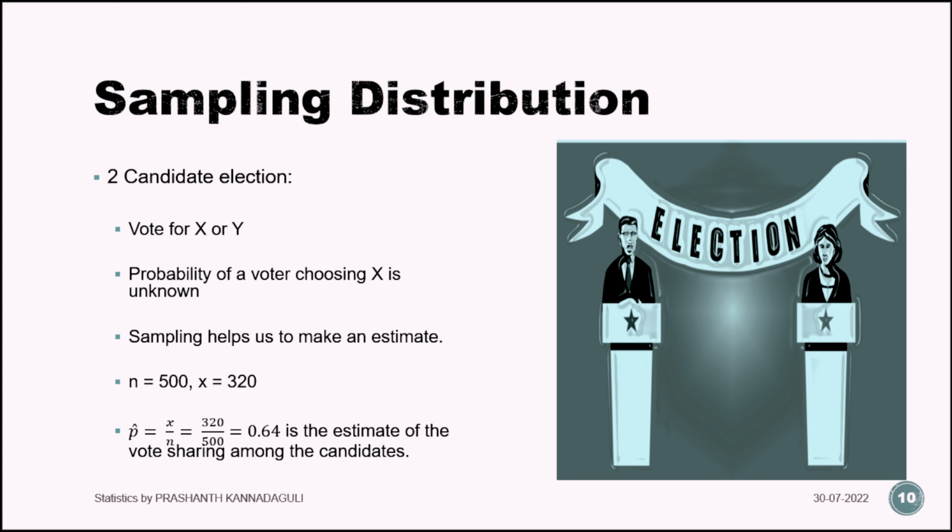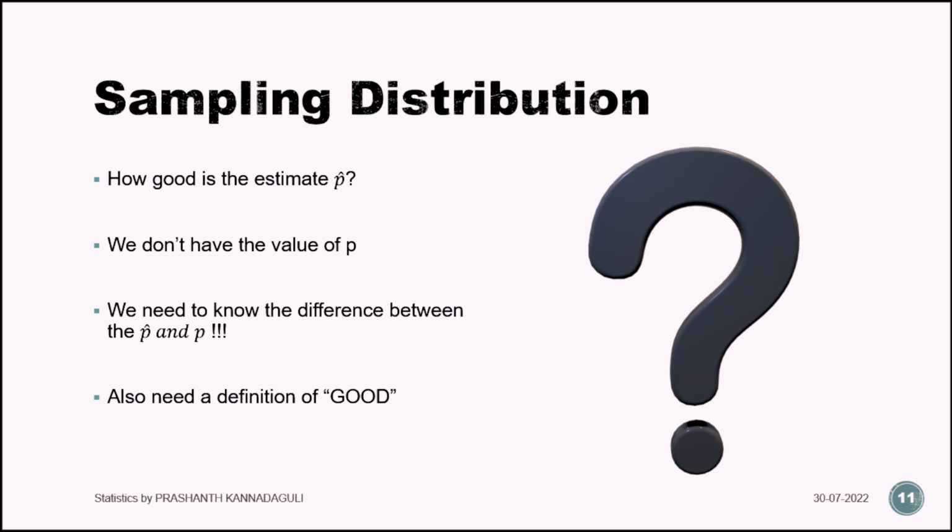But this P cap corresponds to only the sample I took. I took only 500, out of which only 320 told me that I voted for X. So that is P cap. I want to go for an estimate, and I have an estimate P cap.